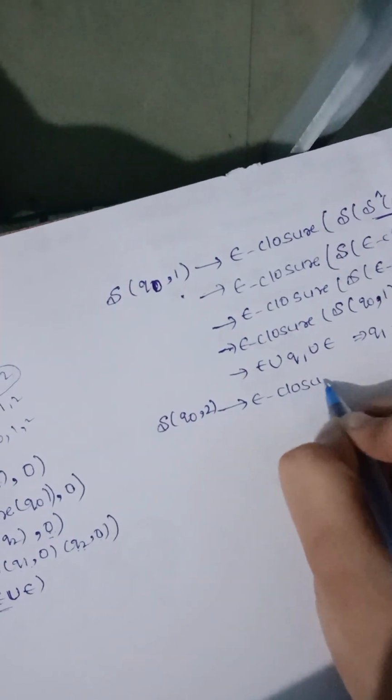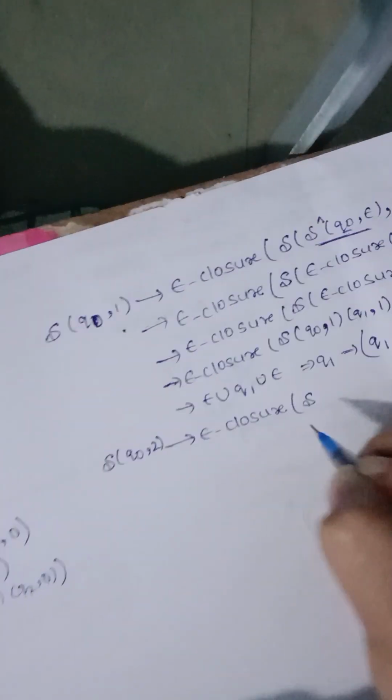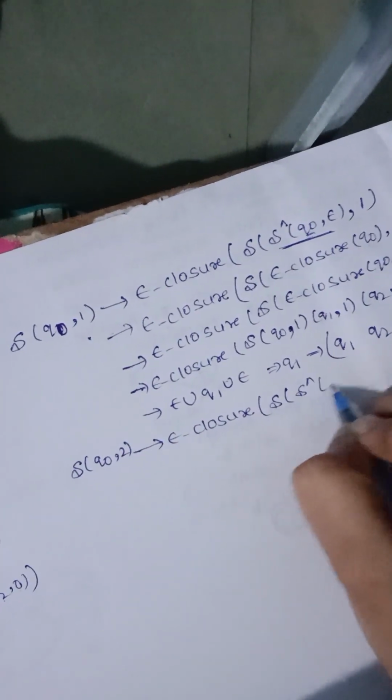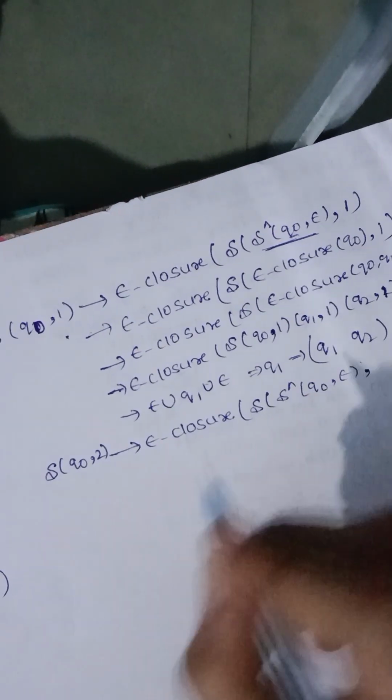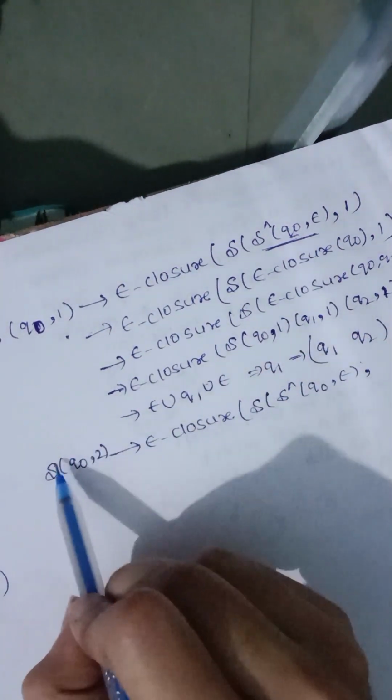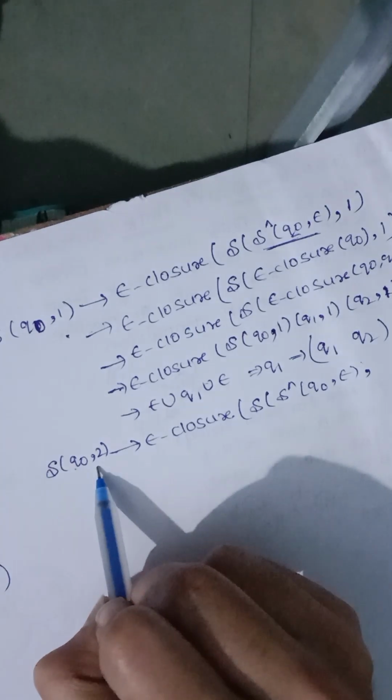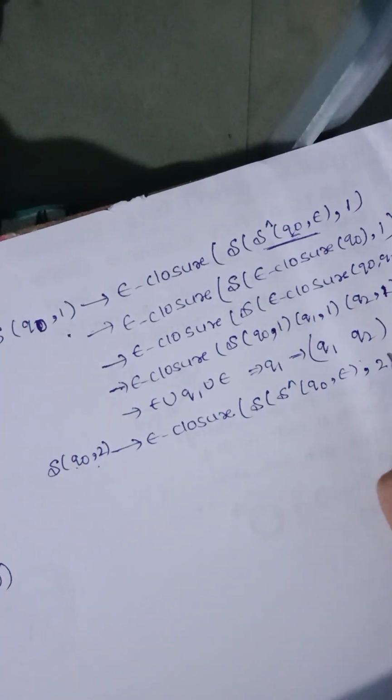Epsilon closure of delta cap q0 comma epsilon. Here what will we write, 2 or 1? We are checking with 2 now, so we will write 2.